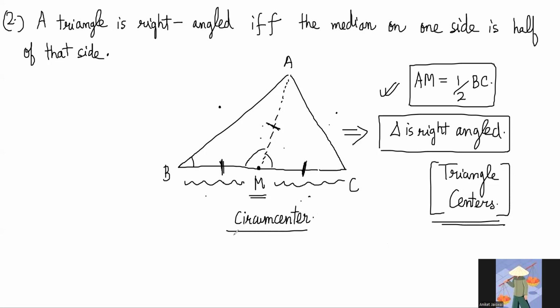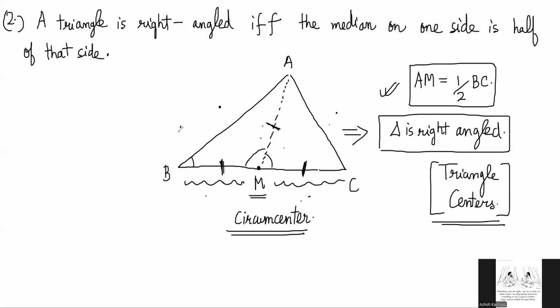Not sides, vertices. M is equidistant from all the 3 vertices, right? So it must be the circumcenter, right? Is everyone understanding that?